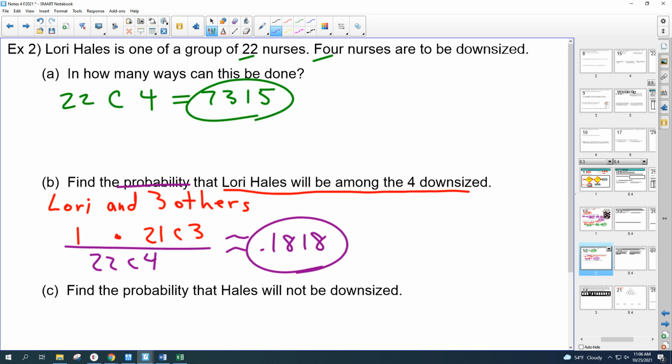Part C says find the probability that Hales will not be downsized. Okay. Now, this illustrates something that comes up kind of a lot. A lot of the times there are 2 ways to do the problem. Either you calculate directly, or you can do it indirectly, which means find what you don't want and subtract that.